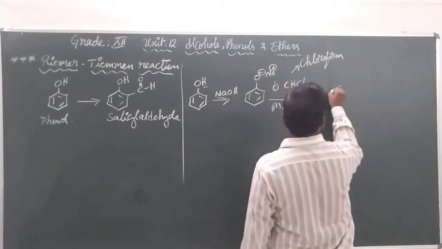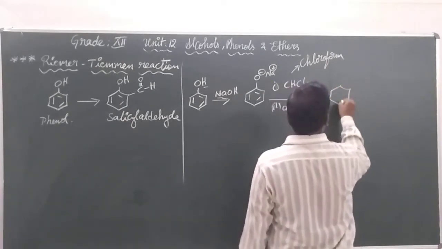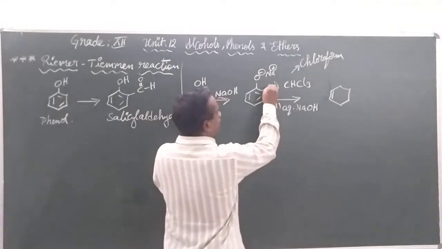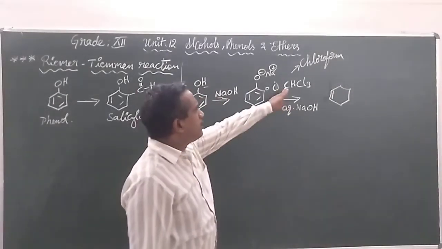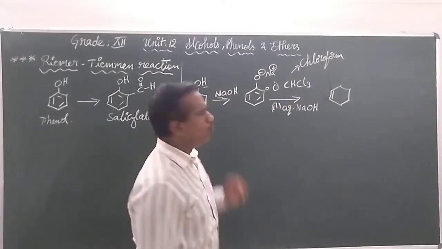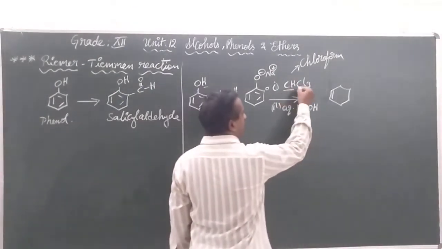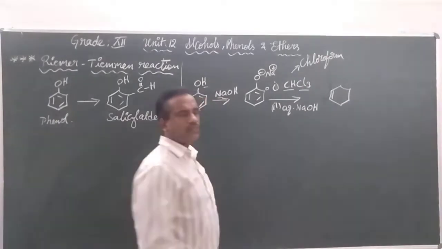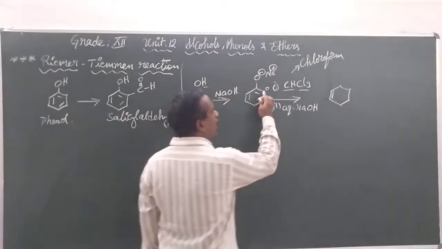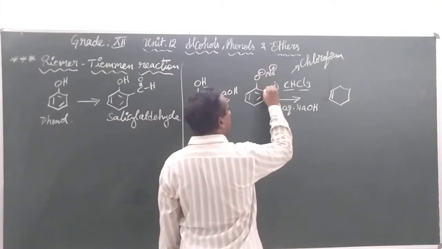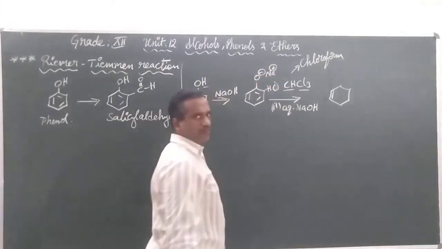Here also the reaction will take place at the ortho position to the sodium phenoxide. In CHCl3, there are 3 chlorines attached to the carbon. On the ortho position, there is one hydrogen of the phenol.